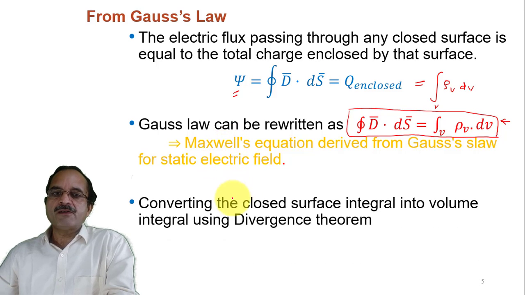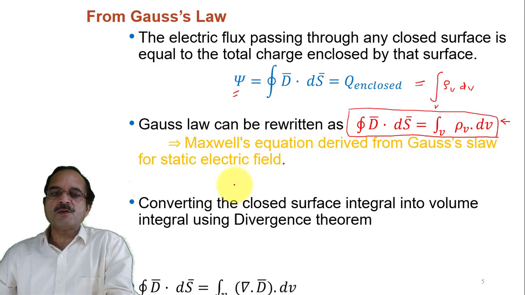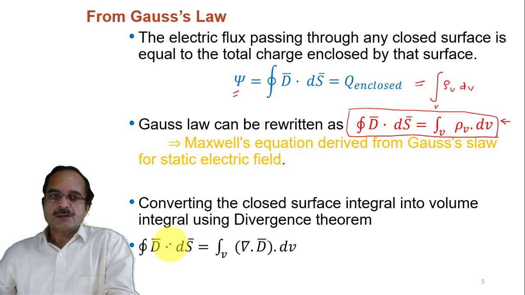So applying divergence theorem, the left hand side, that is the surface integral, we can represent in terms of volume integral. So surface integral D dot dS becomes volume integral divergence of D dv.